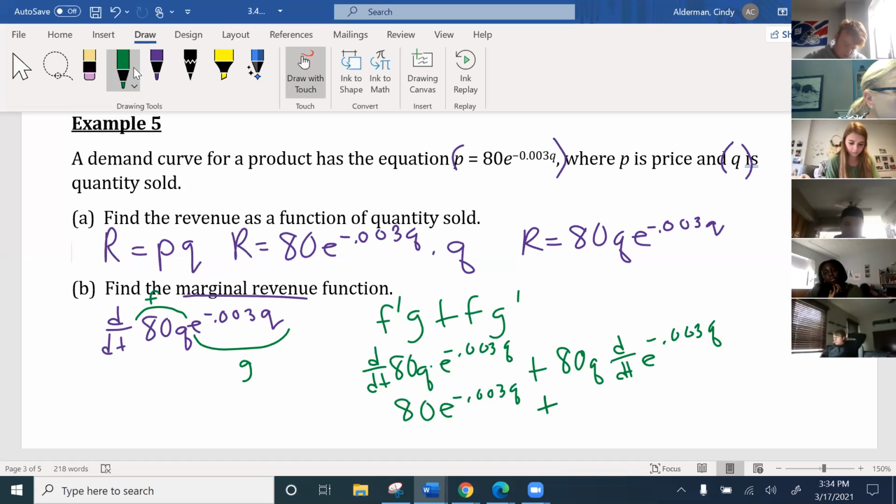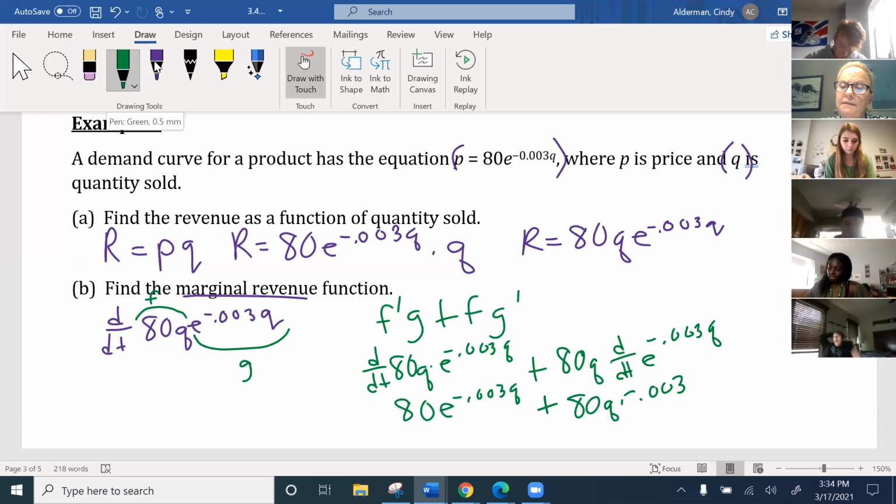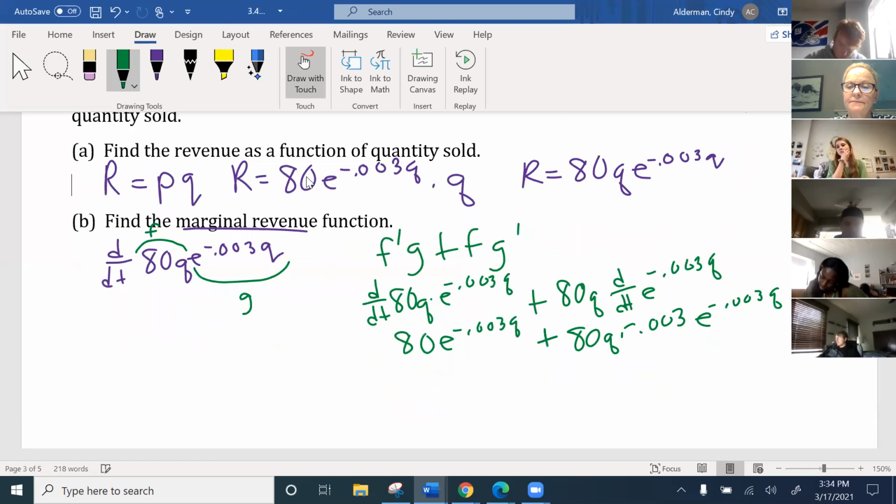This would actually be, let's see, the derivative of that would be, so we'd have 80q, and then the derivative of that would be negative 0.003 times e to the negative 0.003q. So this will stay the same.